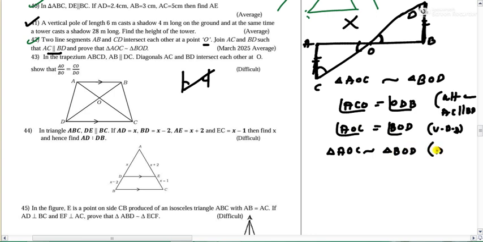Reason: AA criteria. Easy? Understood? So this is how you have to try. They are all easy, but only after practicing. So I hope it's clear. Any doubt till here?